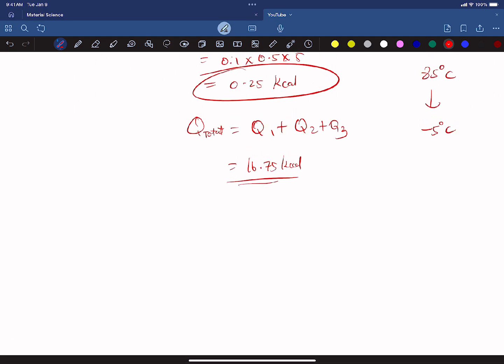So these are all the numerical question solutions from 31 to 70.